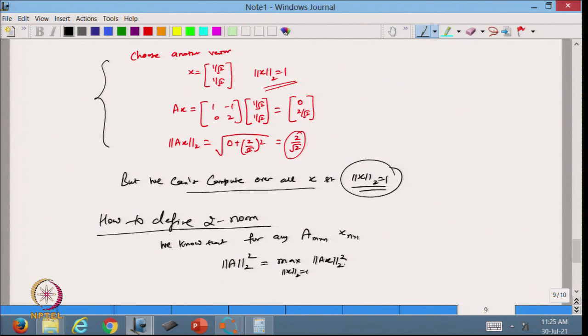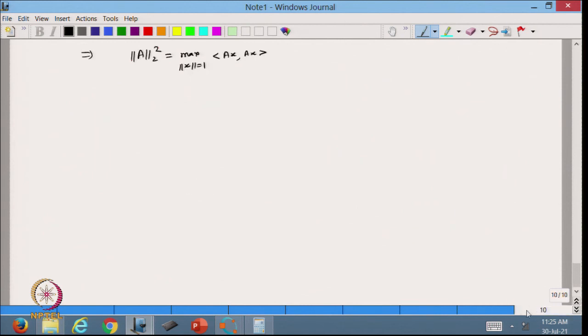We know that x y inner product is equal to x transpose y, and that is equal to norm of x square.